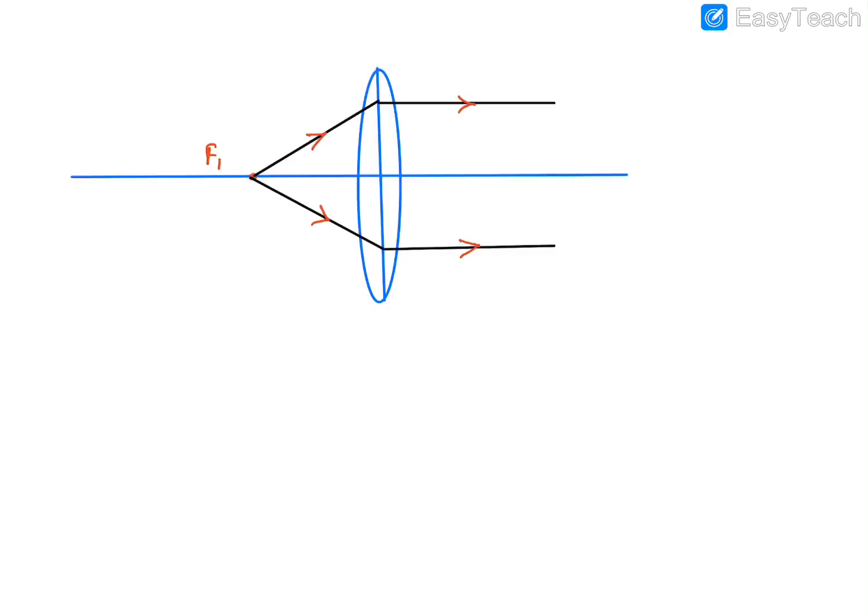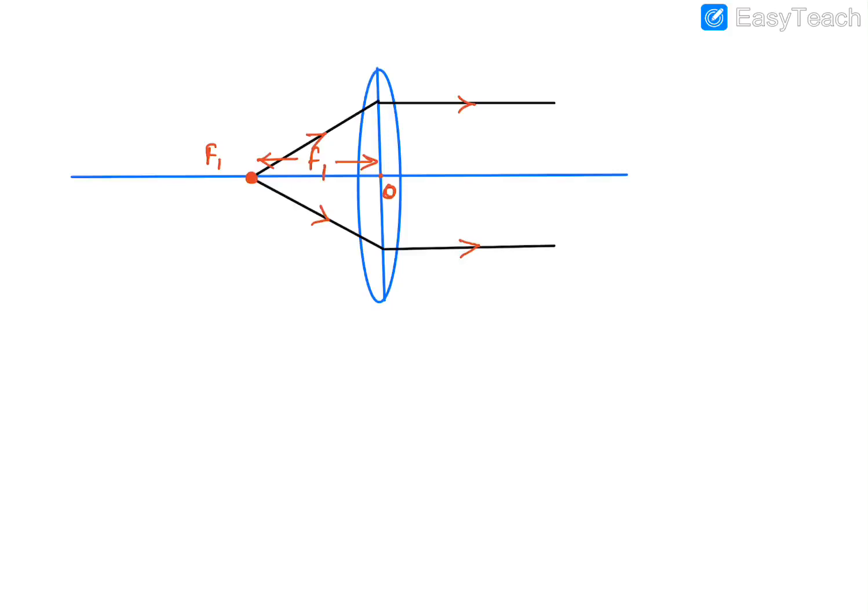So that's the first focal point. Clear? The distance from F to O is called the first focal length, and that point here is called the first focal point. So the focal point is represented by capital F and the focal length by small f.